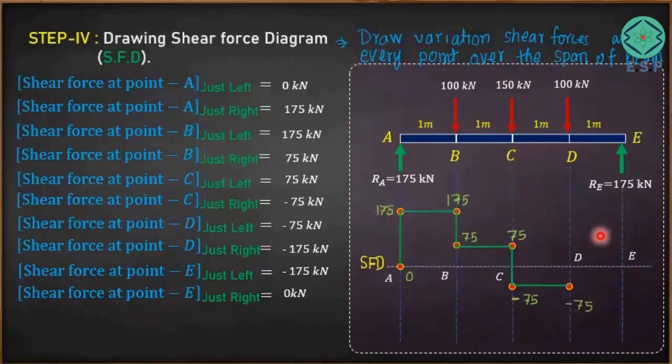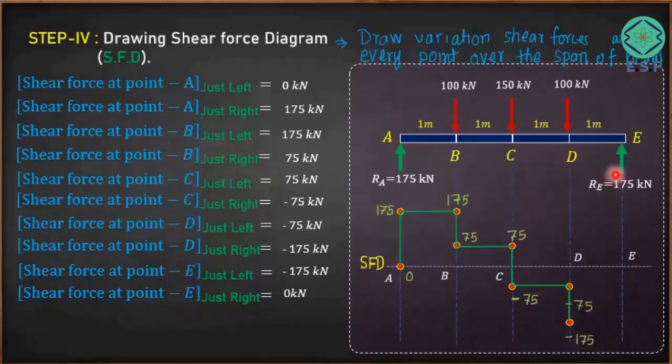So minus 75 minus 100 will become minus 175. So your variation will be like this. So shear force is changing from point D left to point D right, and becomes from minus 75 to minus 175 because this additional 100 kilonewton downward force is acting over here.